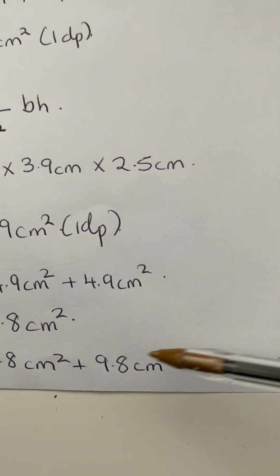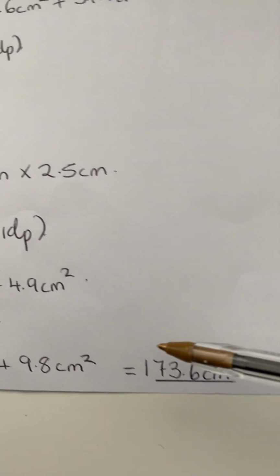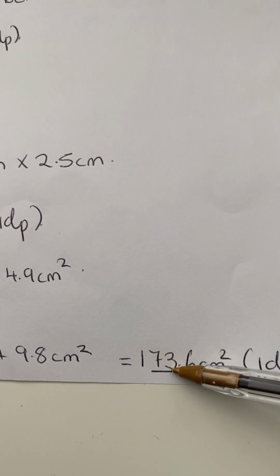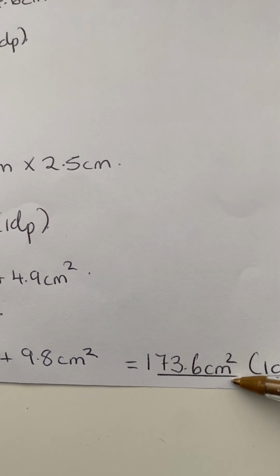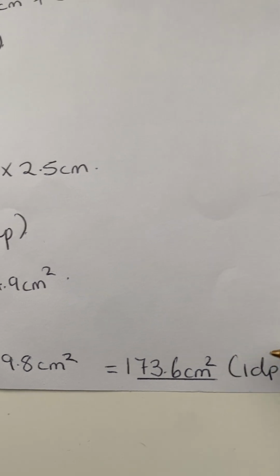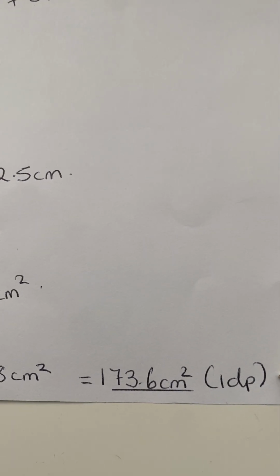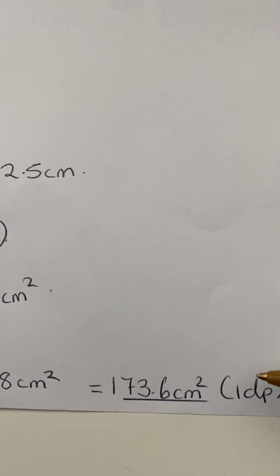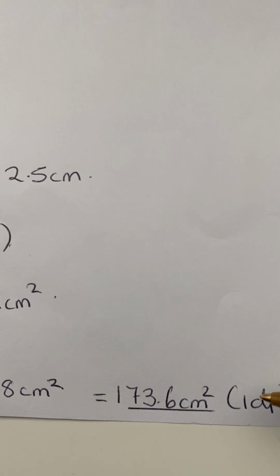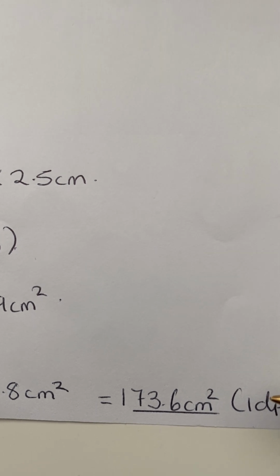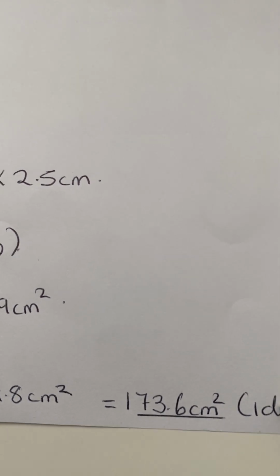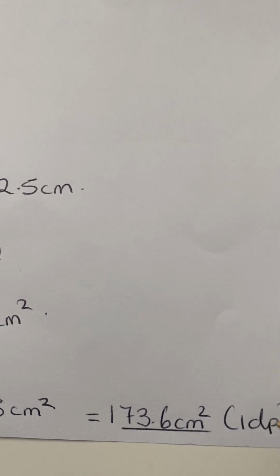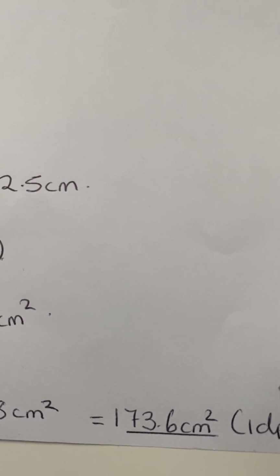Okay, now if you add them, you have 173.6 centimeters squared to 1 decimal place again. We've done decimal places, significant figures and stuff. So if you are not sure, go back and watch. Okay, go back and help yourself. The videos are there, all of them.